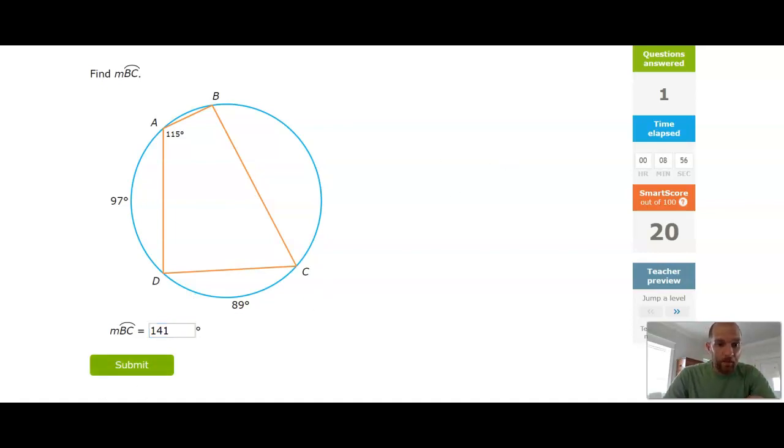So I'm going to turn back on my pen, and let's take a look here. DAB is inscribed, and it's 115 degrees, yeah? So if we double that, that's going to be 230 degrees on this entire arc from this angle. So that would be this entire arc out here. So 115 times 2 is 230 degrees.